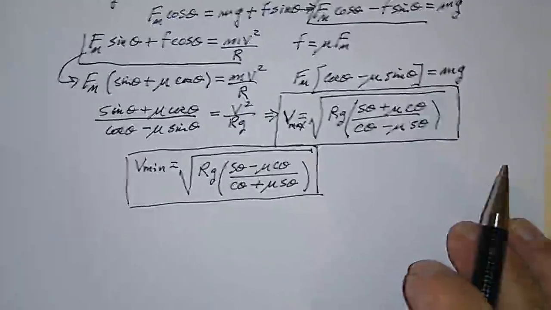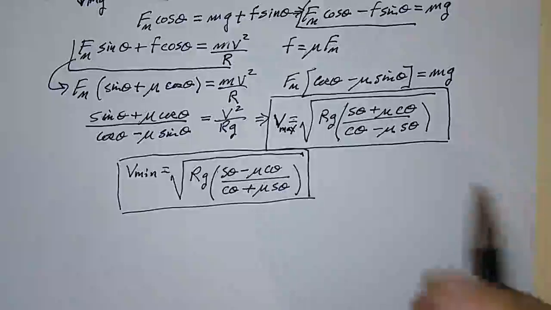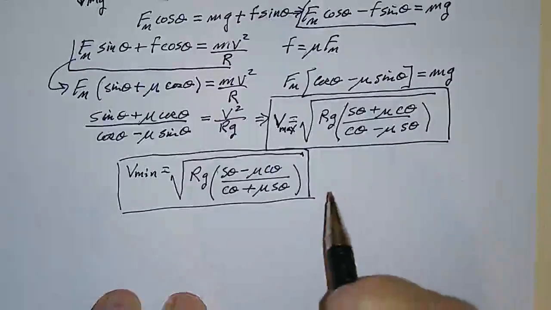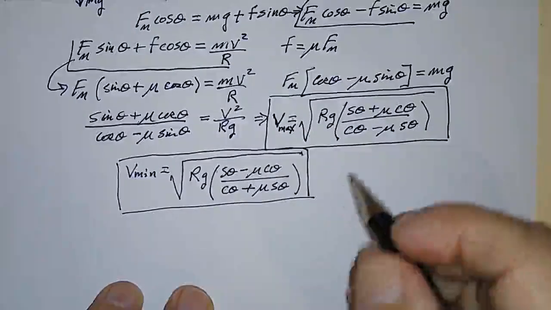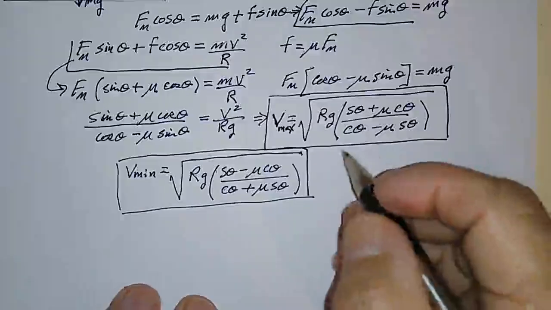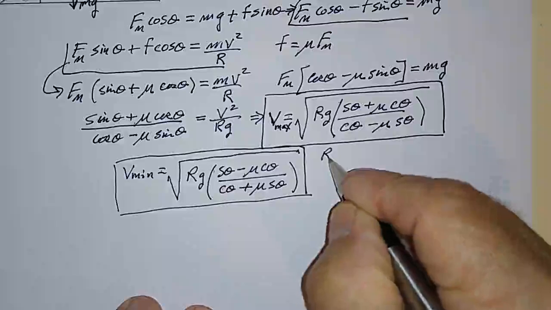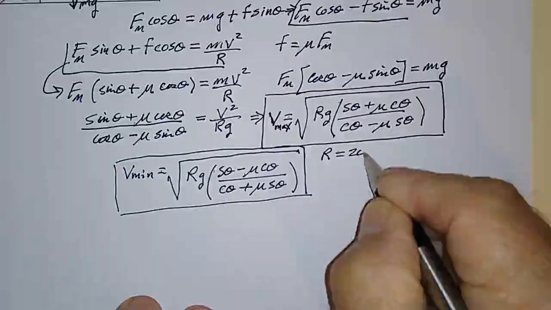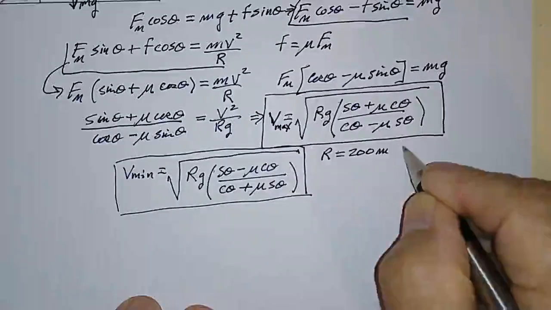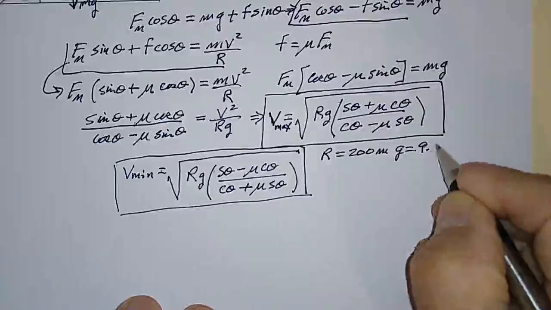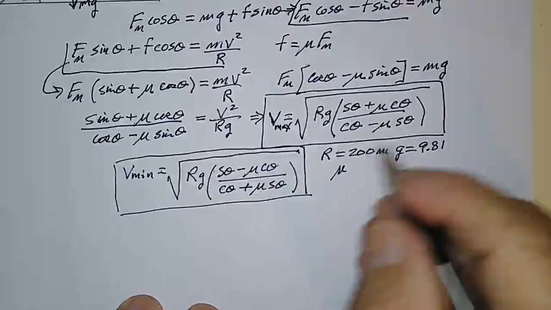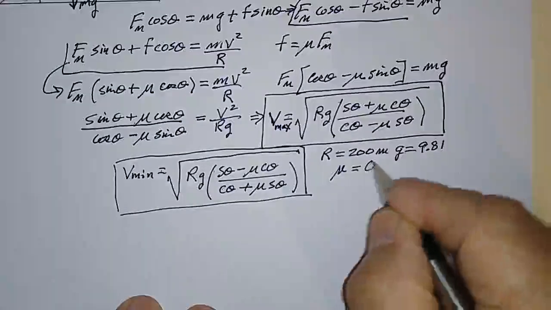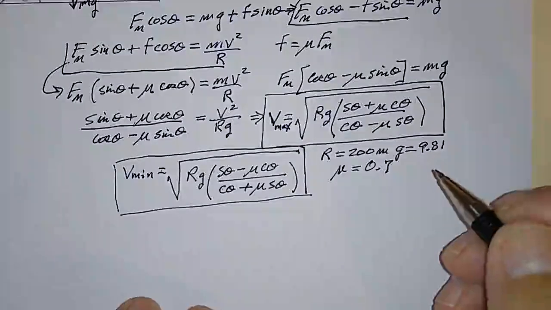But what you want to watch out for, let's say that the coefficient of friction is something like 0.7, and let's say that R is equal to, say, 200 meters. G is equal to 9.81, and the coefficient of static friction for a dry road is equal to 0.7.